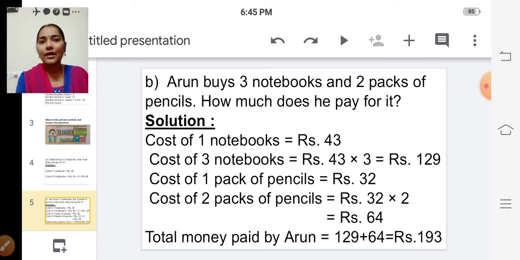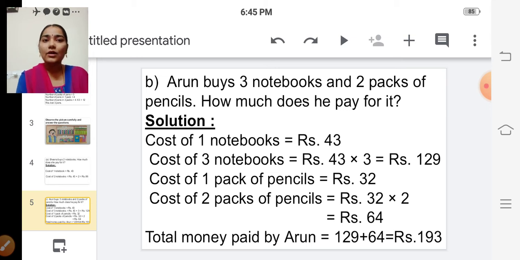And we have to find out the cost of 3 notebooks. For that, what we have to do? We have to multiply this 43 into 3, that is cost of one notebook into number of notebooks. Then we will get the cost of 3 notebooks.